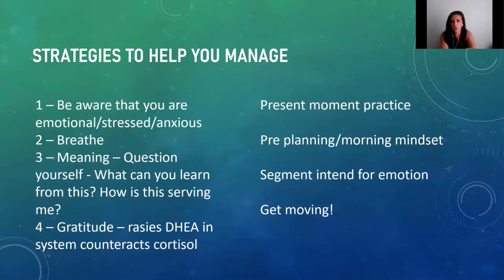Segment intending for emotion. This one's really cool. So you can take a segment of your day. Say it's the morning, from when you first get up to when you would normally leave for work. You can have an intention for the things that you want to physically get done in that time, but the best thing you could do would be to intend for an emotion that you want to stay in during that time, so that you have a focus point for your mind that isn't dependent on what is happening around you.